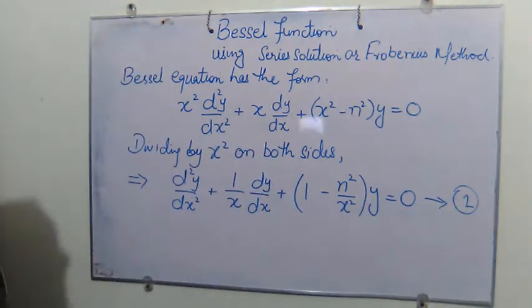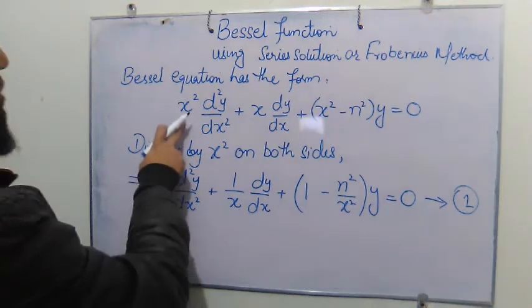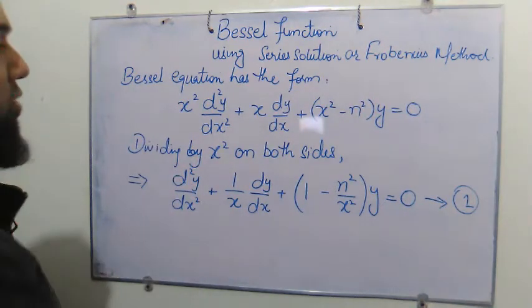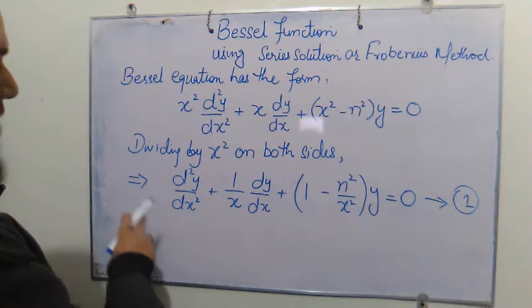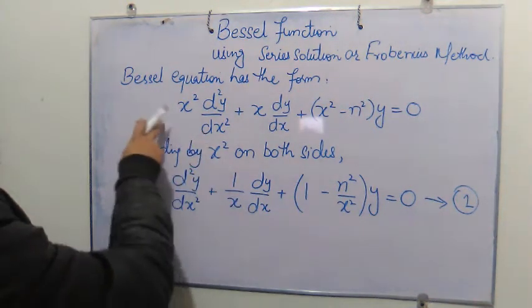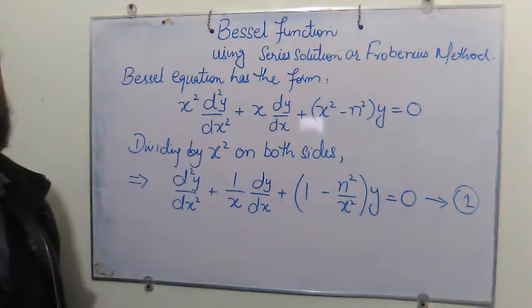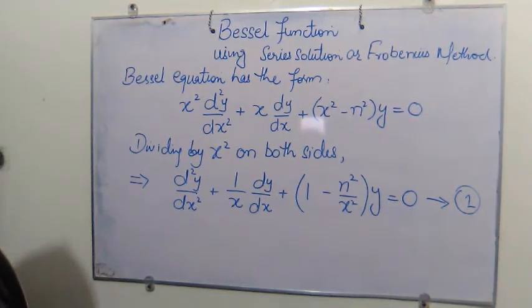Both are the same equations, but here we have the coefficient x square and here we do not have the coefficient x square. But if we again multiply this equation by x square, we will get the standard form. So being physicists, we have to be vigilant about which form we have, so we can write the solution or the result directly.